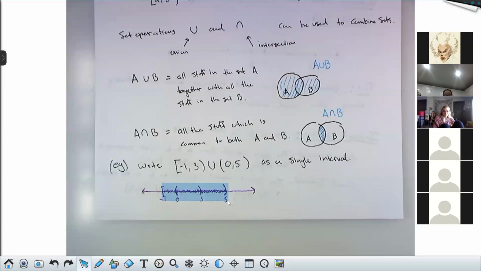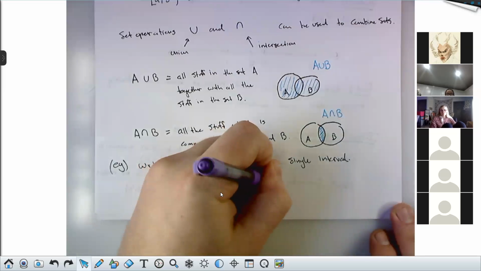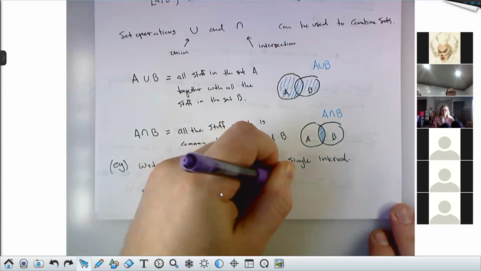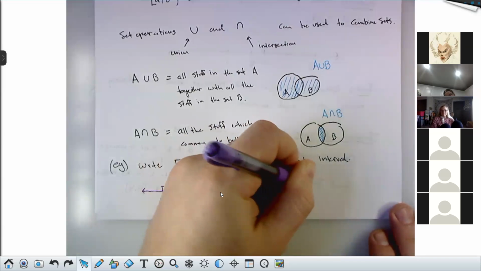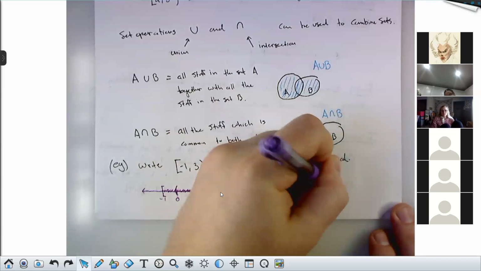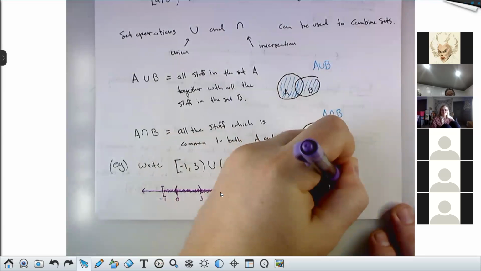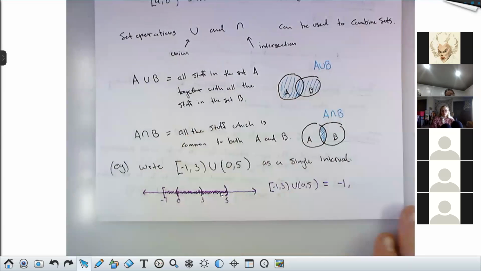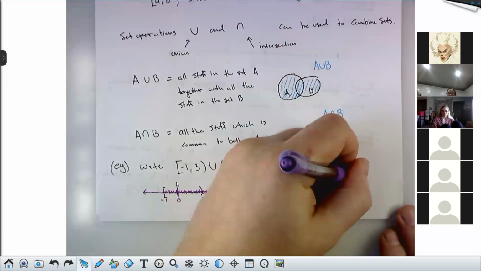And I think somebody said it a second ago. What is the left endpoint going to be? -1. Very good. So I'll say this union of two intervals is a new interval whose left endpoint is -1. What is the right endpoint of this union going to be? 5, very good, thank you.